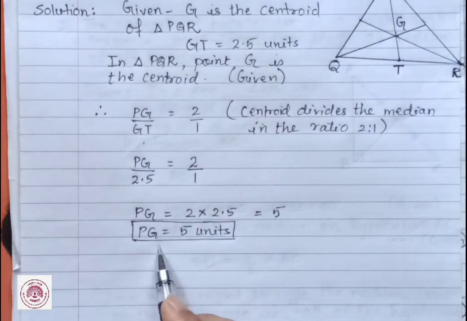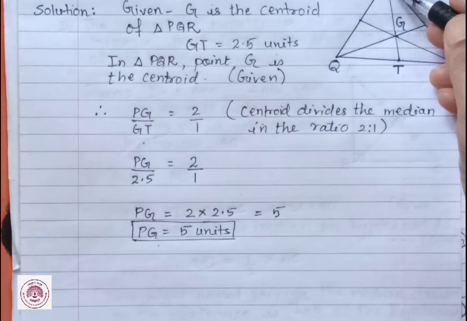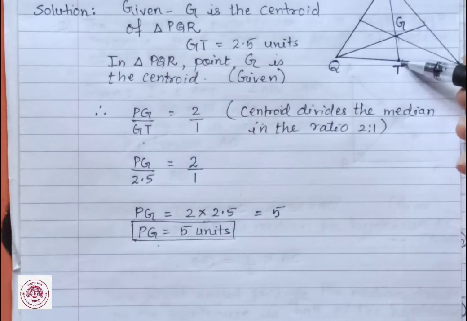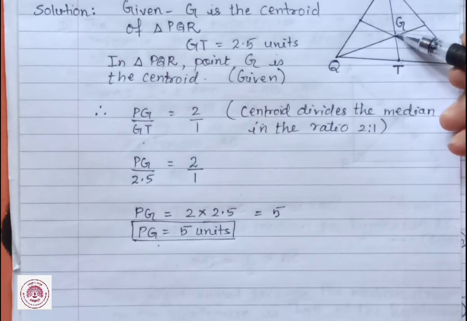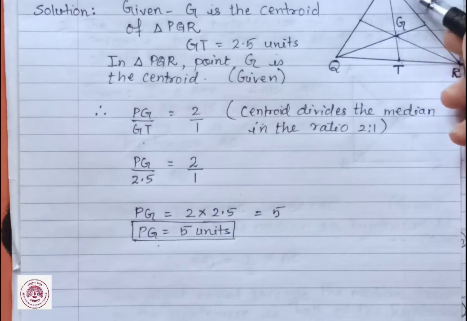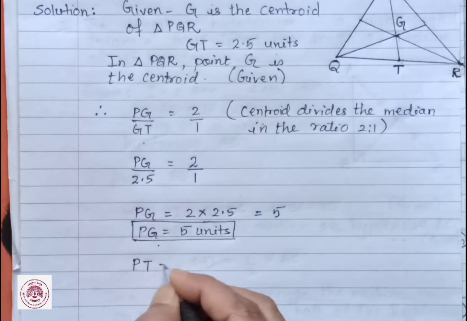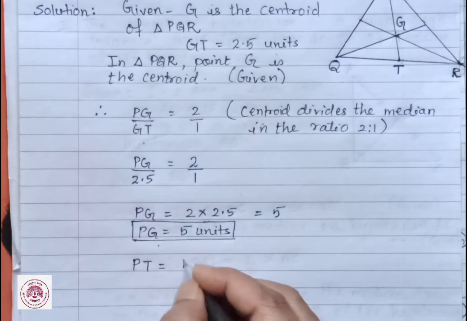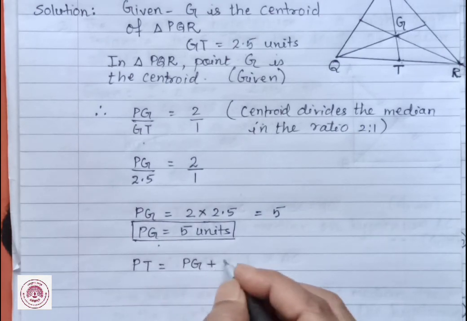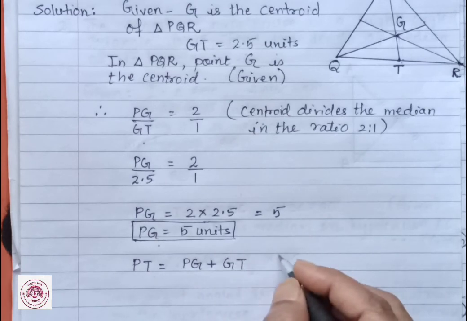Now, as points P, G and T are collinear points, we can write PG plus GT equals PT. So PT is equal to PG plus GT. Why is this possible?